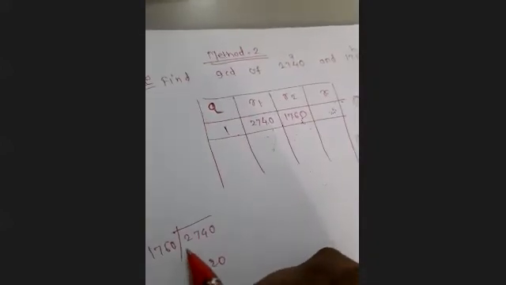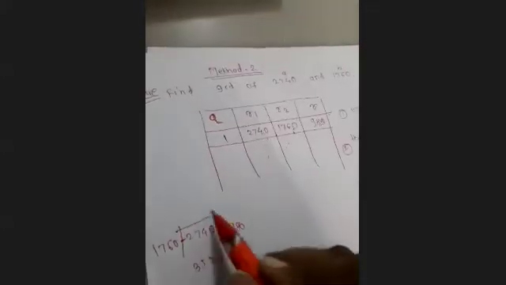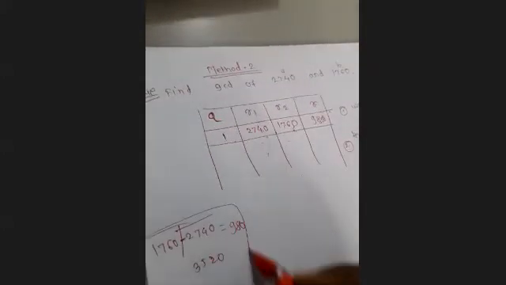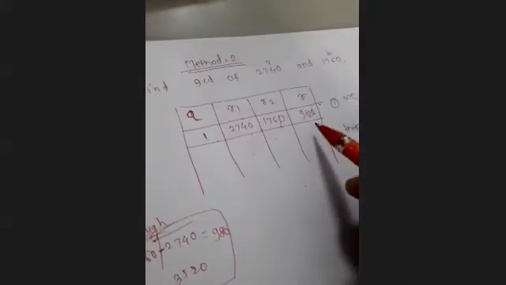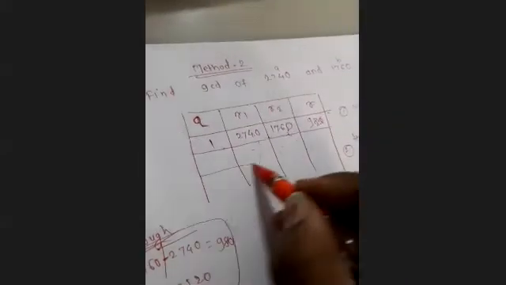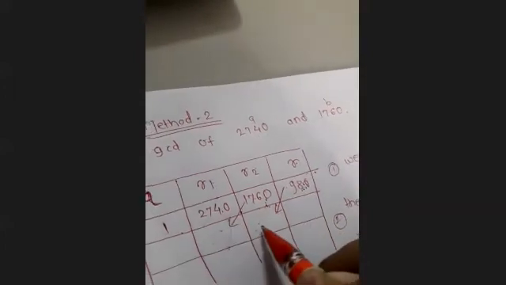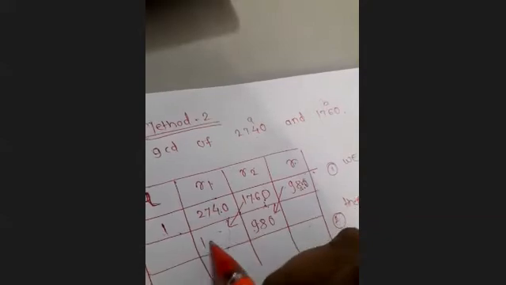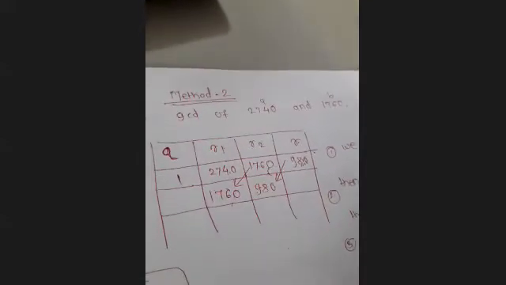If we divide this value, then 980 will be remaining. 1 से divide किया. अब second step क्या करना है? The second step is replace R1 by R2. Simply we shift this R here and this R2 here. So 980 and 1760. Now we have the new R1 and R2.